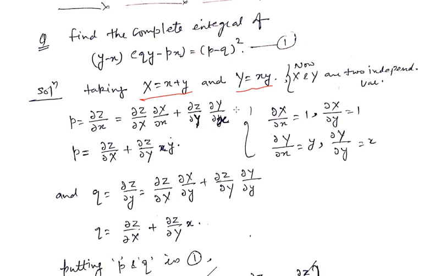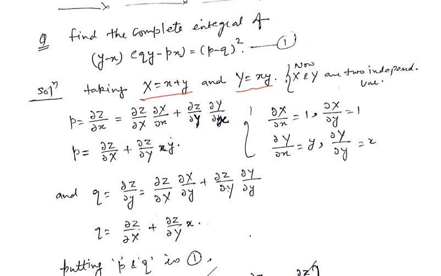as del capital X upon del x is equals to 1, because capital X is equals to x plus y. When we differentiate this partially with respect to x, we get 1. If we differentiate it partially with respect to y, we also get 1. Now if we differentiate capital Y with respect to small x, we get small y, and when we differentiate it with respect to small y, we get small x.